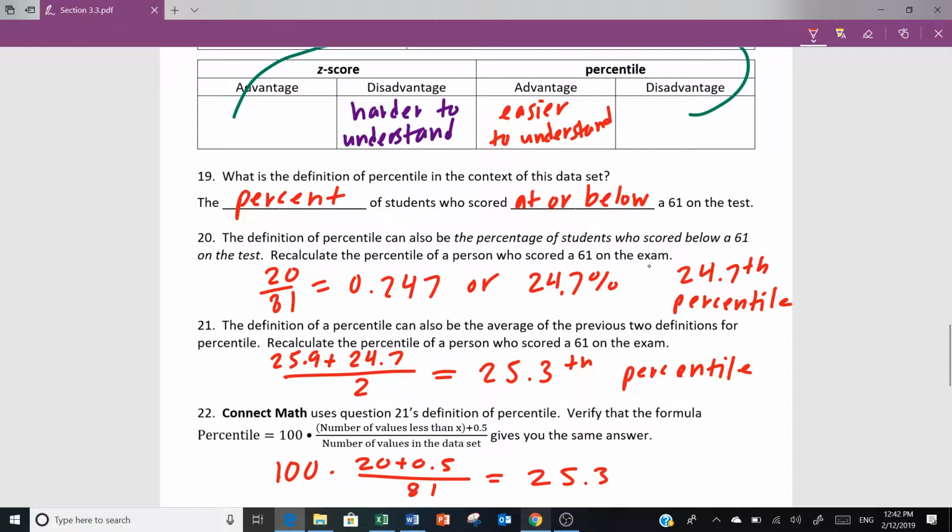Just do the way we did it. So this would give you the percentile. It's not the percentage of people that scored below 61, and it's not the percentage of people that scored at or below 61.